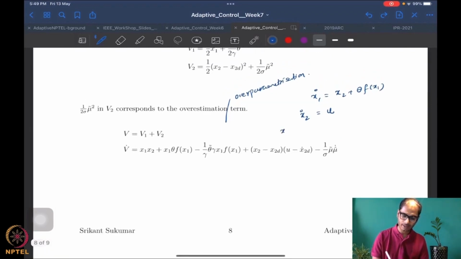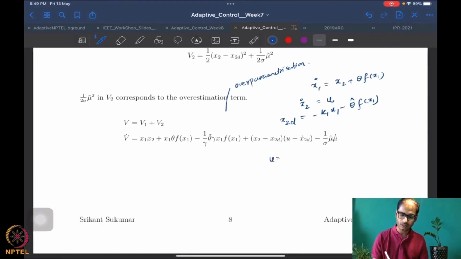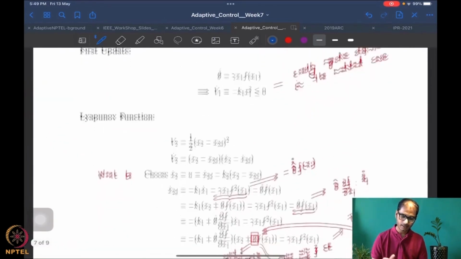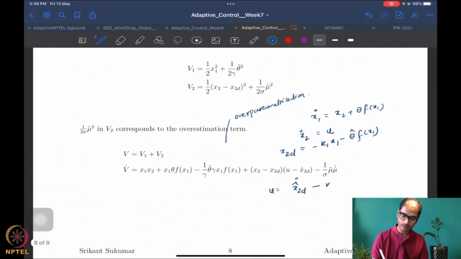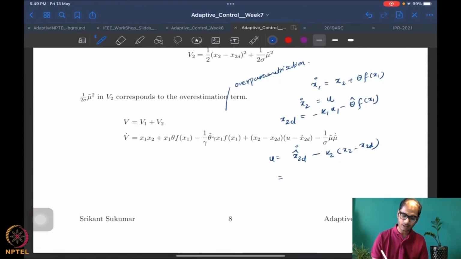So we have x2 desired as equal to minus k1 x1 minus theta hat f(x1), and we have u equal to x2 hat desired dot minus k2 (x2 minus x2 desired), and this x2 hat desired dot is nothing but x2 desired dot plus mu tilde f(x1) times (k1 plus theta hat del f del x1).